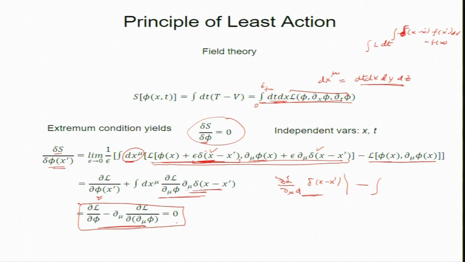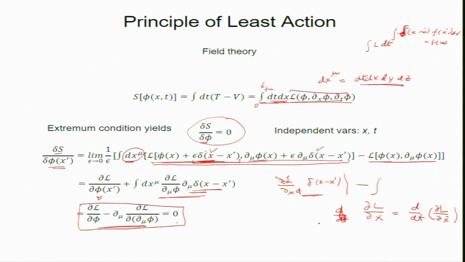It is very similar to what we do for particles. For a particle, what do I write? Partial L by partial x equals d by dt of partial L by partial x dot. That is what we write.